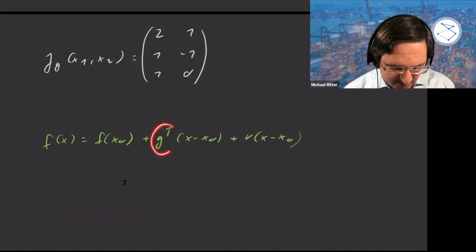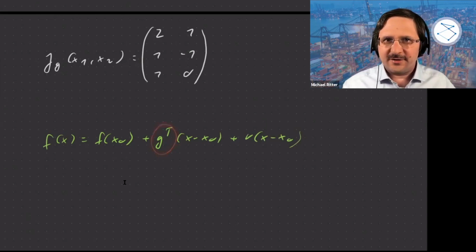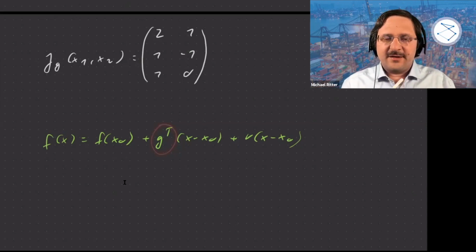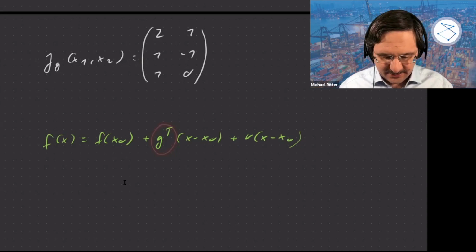And this g transposed, the vector, so for real valued functions, the vector that yields the linear part of that approximation, that is going to be what we call the differential, right?